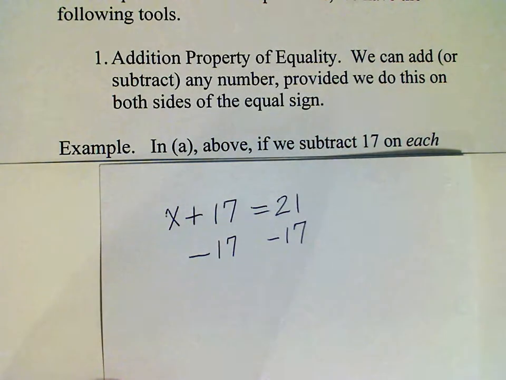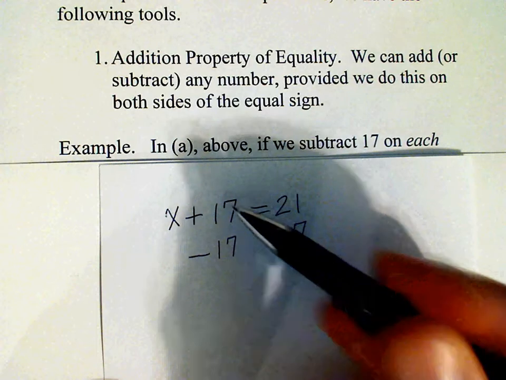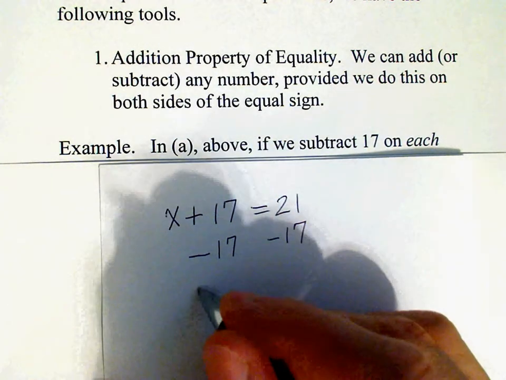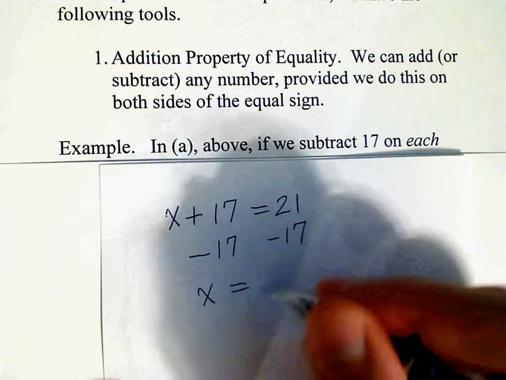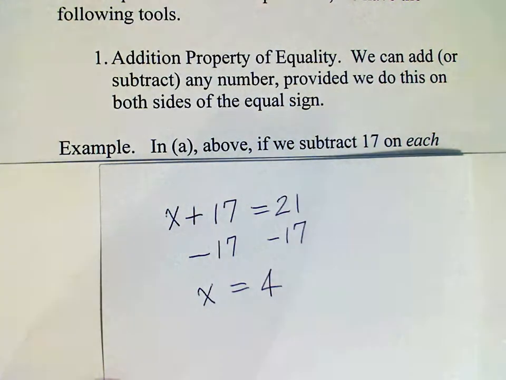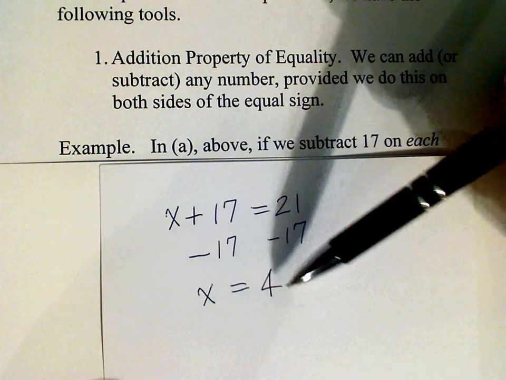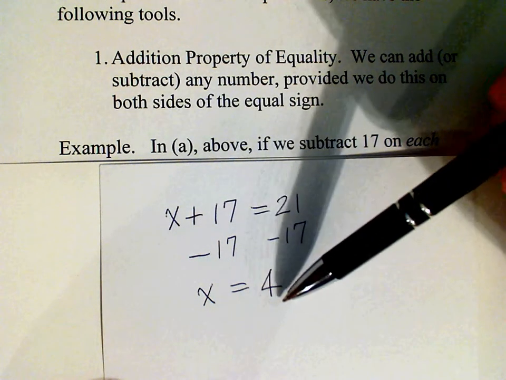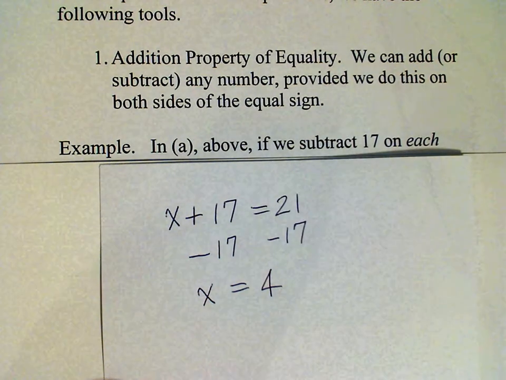Okay, addition property allows us to do this. And now see what happens if we subtract 17 from 17, then only x remains here. And subtracting 17 from 21 leaves us with 4, and so now we have our solution. And of course we can verify that solution is correct by replacing the letter x in the original problem with the solution that we ended up with.